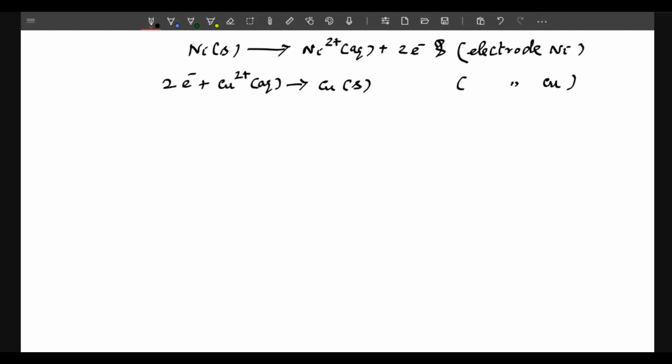Nickel solid giving nickel 2+ aqueous plus 2 electrons. Nickel metal is available, therefore the electrode used is nickel. Then 2 electrons plus copper 2+ giving copper solid. The electrode used is copper because copper solid is also available.